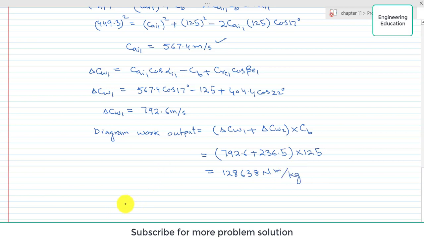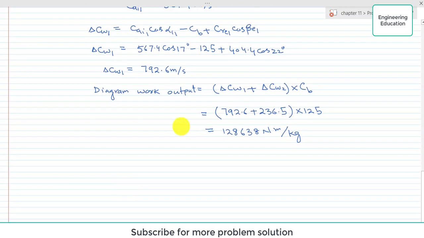Now the diagram efficiency is required in this problem. So diagram efficiency is nothing but the diagram work output divided by the input, which is the kinetic energy of the steam.